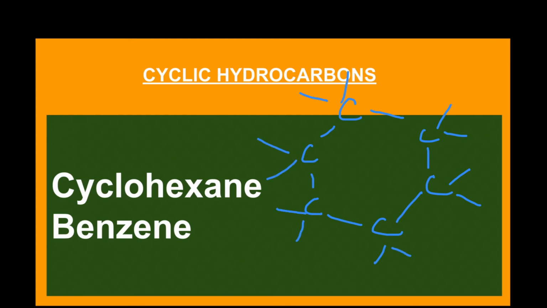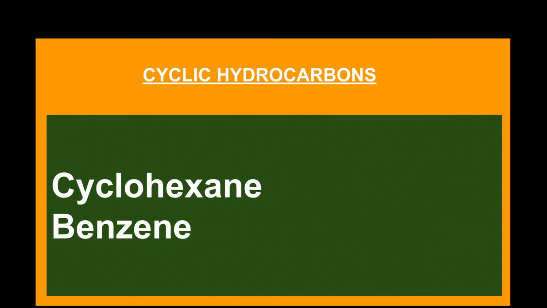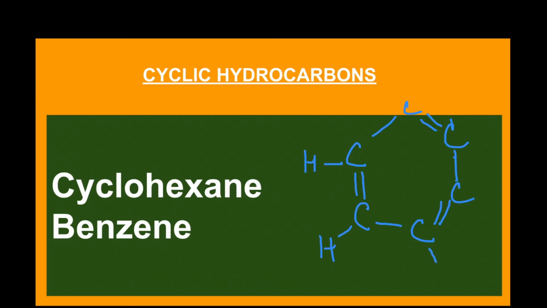Right. Now if we consider the structure of benzene, the structure of benzene is like this. On every carbon there is hydrogen. And there are alternate double bond and single bond in its structure.